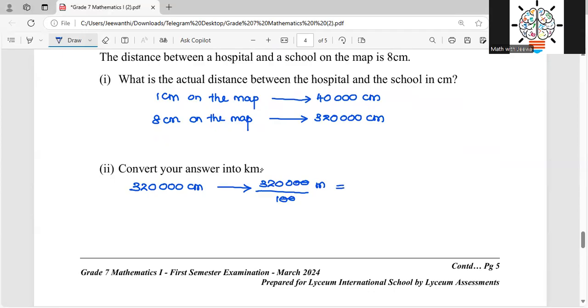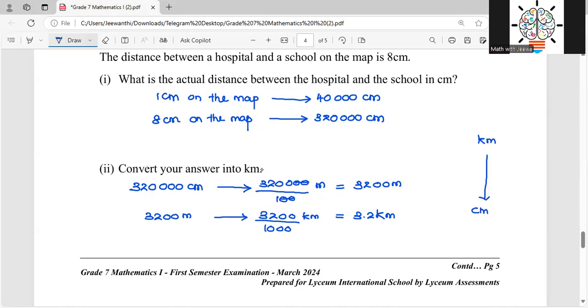So then I get the answer 3,200 meters. When you divide 3,200 meters by 1,000, it gives me the kilometer value, that is 3.2 kilometers.